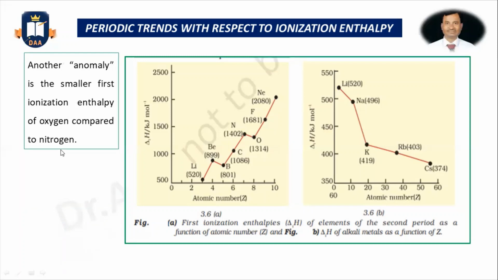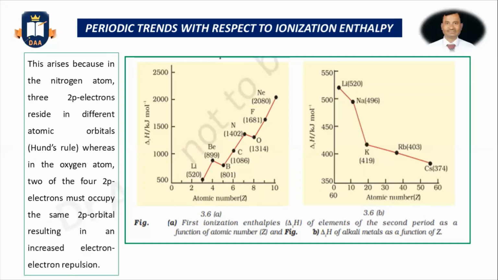Another anomaly is there. You can see here nitrogen and oxygen. Though oxygen sits in the periodic table on the right side in the same period, the oxygen atom has the lower first ionization enthalpy.